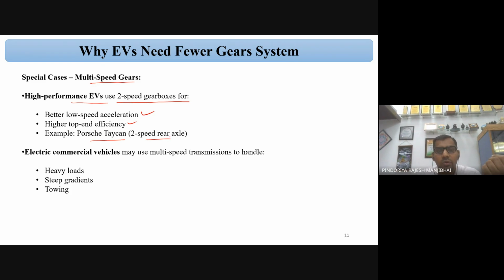Electric commercial vehicles may use multi-speed transmission to handle heavy loads and steep gradients. So if there are steep gradients, or towing, or the road is not smooth, then we can also use a multi-gear system. Okay.